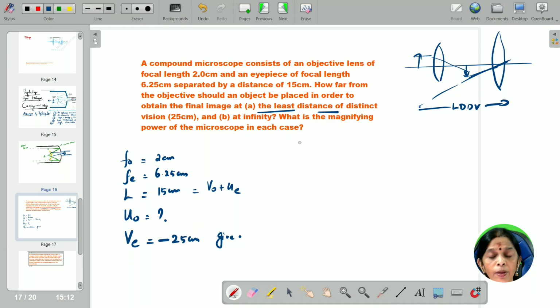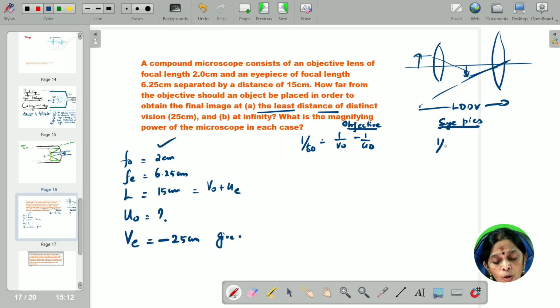First of all, use 1 by FO is equal to 1 by VO minus 1 by UO. Use the lens formula, very simple. What is FO? 2 centimeter. VO we do not know, UO we do not know, so leave it like that. This is for the objective lens. Similarly, for the eyepiece lens, 1 by FE is equal to 1 by VE minus 1 by UE.